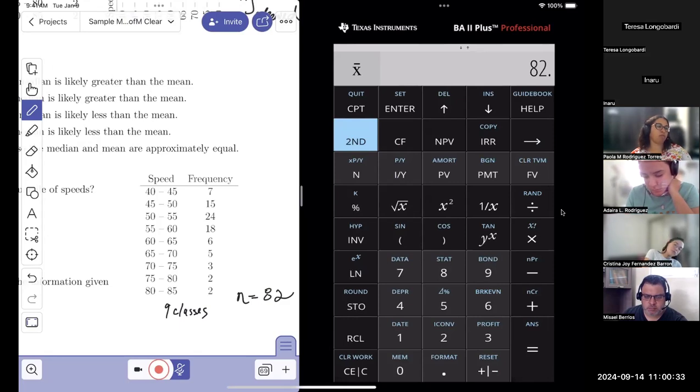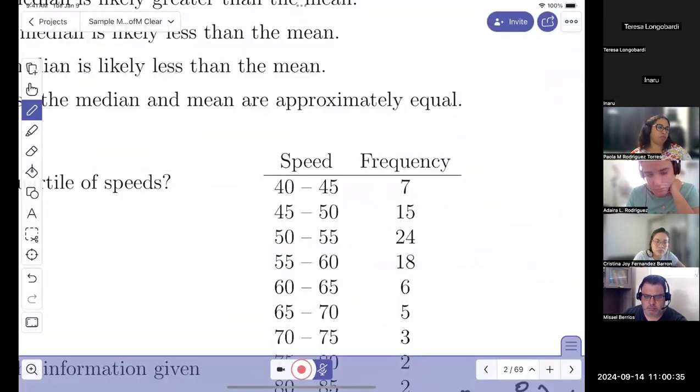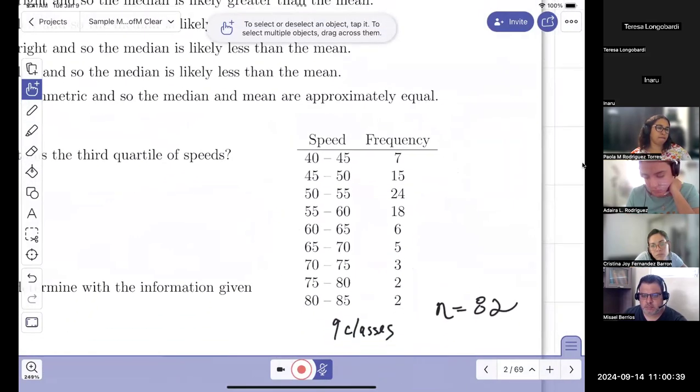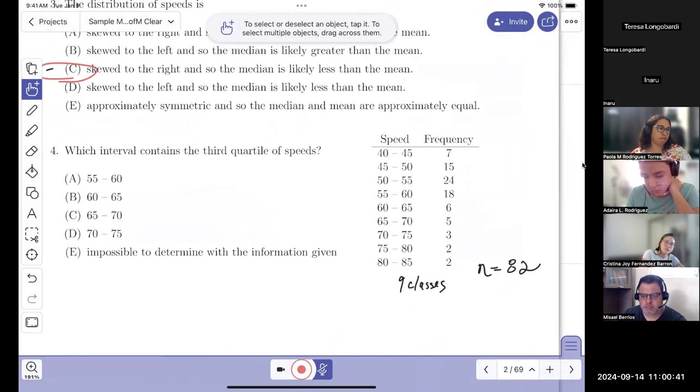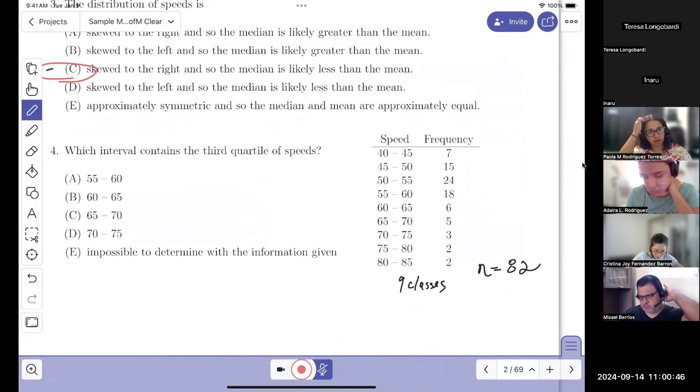Questions so far? So there's 82, and I have to find the median to get the second half of the data, right?